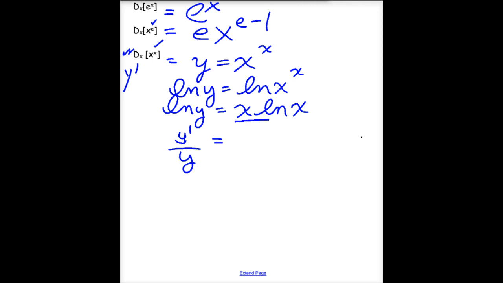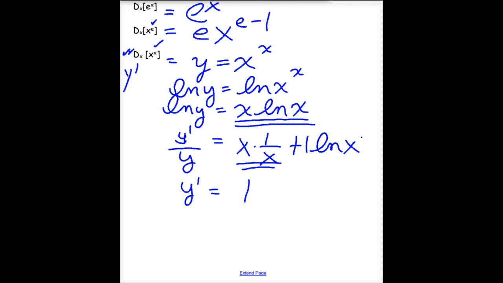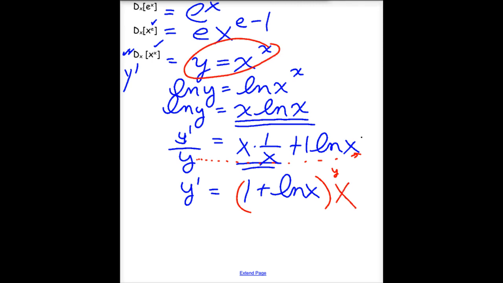And then over here, I've got myself a little product rule: first times the derivative of the second, plus second times the derivative of the first. So when I'm all done, I've got y prime over y is equal to 1 plus ln x. Instead of writing y prime over y, I'm going to multiply by y. But y has been defined as x to the x. So this is my expression for the derivative.